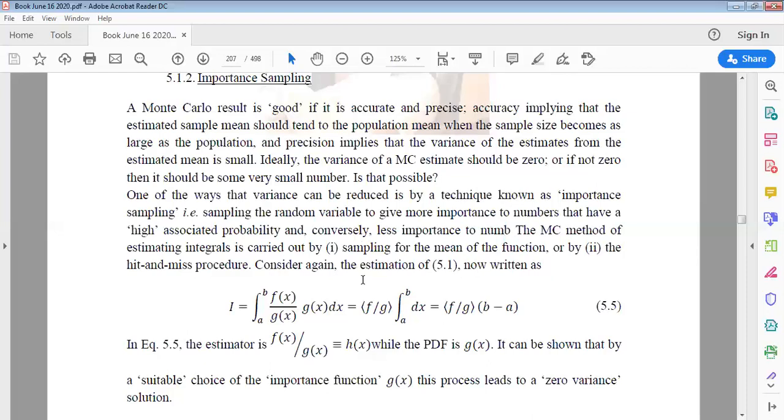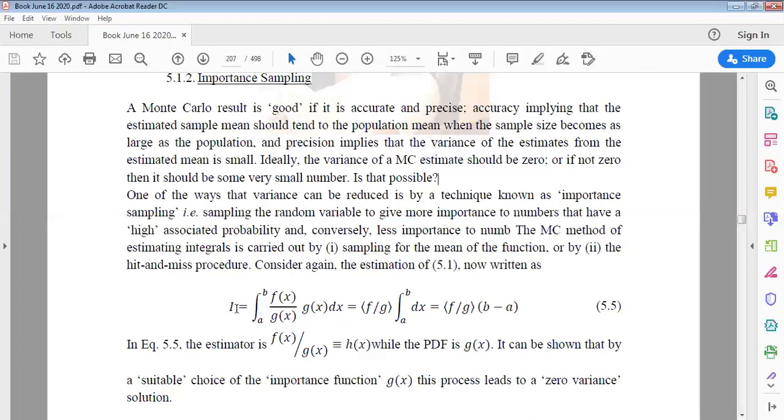So the MC method of estimating integrals is now carried out by sampling for the mean of the function or the hit and miss procedure. So if we had to sample f of x, I'm just going to ask you now to divide it by some function g. But if you divide by some function g, then you've got to multiply also by the same function g, so that your original problem is not disturbed.